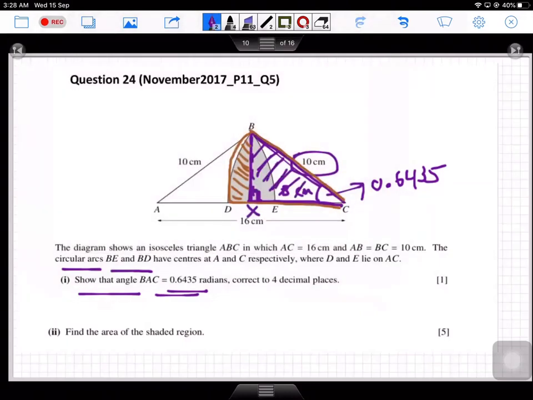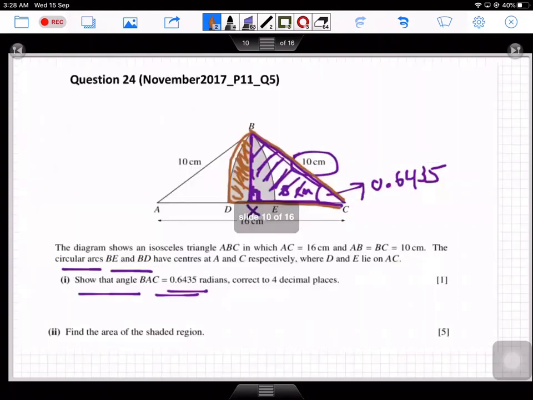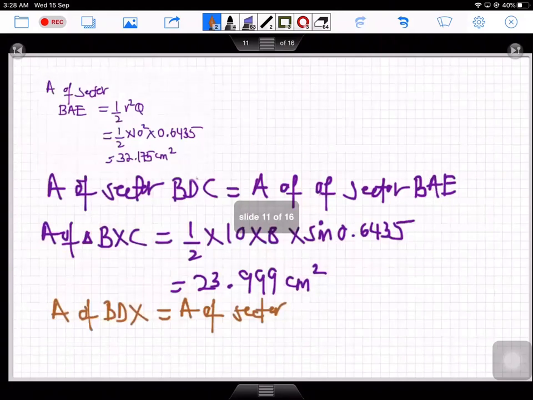So I'll be able to find the area of this shaded region, which I just labeled as BDX. So the area of BDX would be the area of sector BDC minus the area of triangle BXC, which we just found.